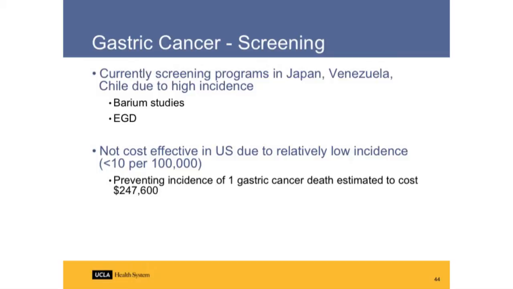Again, it's not cost effective to do screening in the US. Preventing one gastric cancer death would be estimated to cost about $247,000.